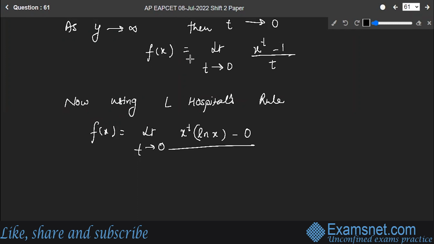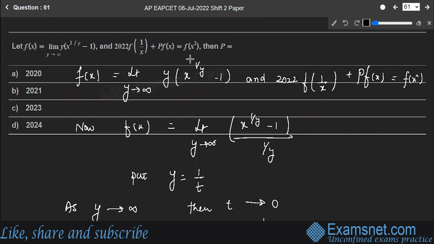Similarly, the t derivative will be 1. So when you solve this limit, putting t approaching 0, x raised to power 0 will be 1 into log x minus 0 upon 1. So this will remain as such, natural log x. Hope you are clear with this. So now what you had over here, f of 1 by x.